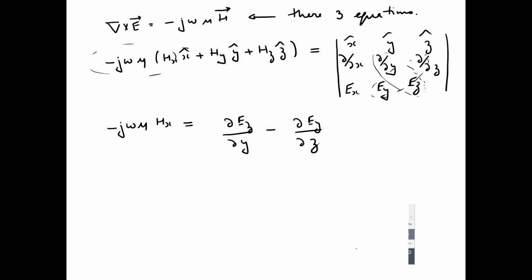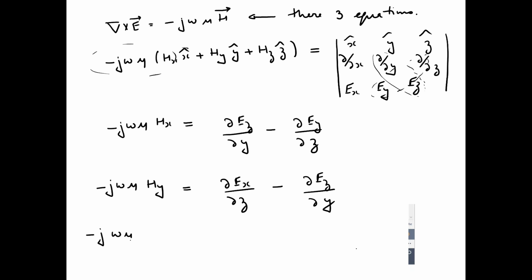Similarly, I would get minus j omega mu Hy is del Ex by del z minus del Ez by del x. And I would get minus j omega mu Hz, which would be del Ey by del x minus del Ex by del y.